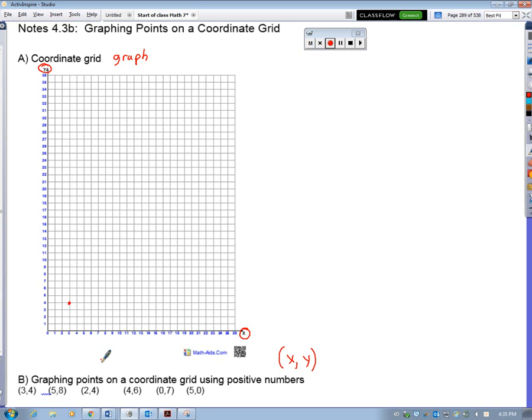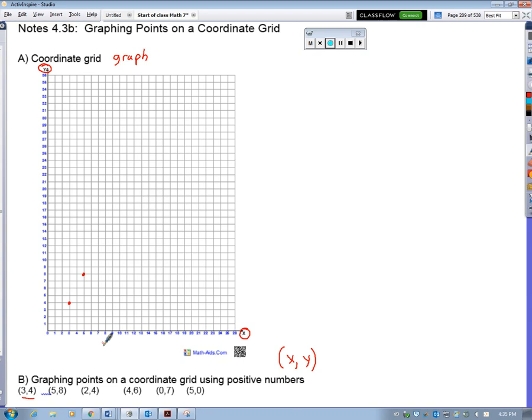If we have 5, 8, we start right here again. We would go over to 5, and then go up to 8, and then we would put our second point.